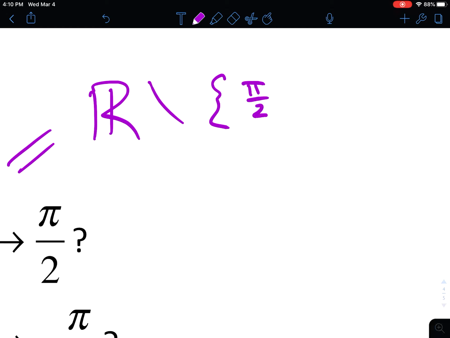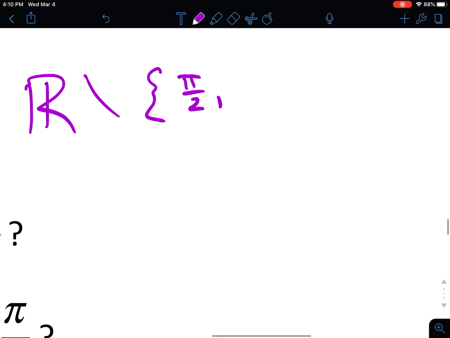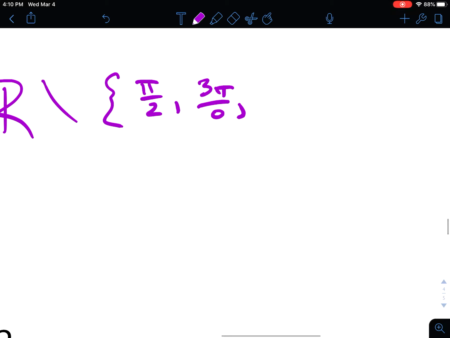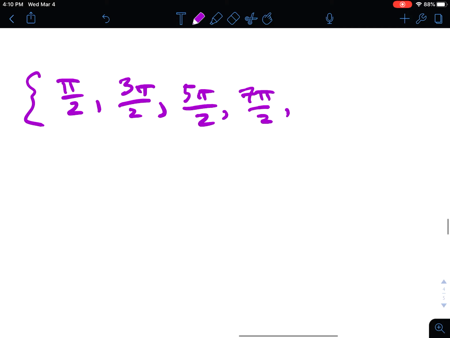Pi over 2 makes it equal to 0. 3 pi over 2, and so on and so on. 5 pi over 2, 7 pi over 2.